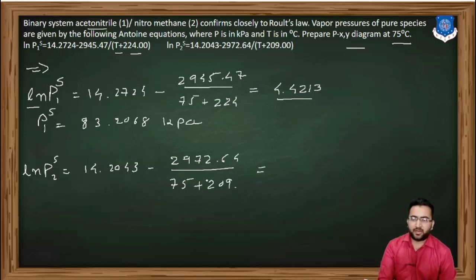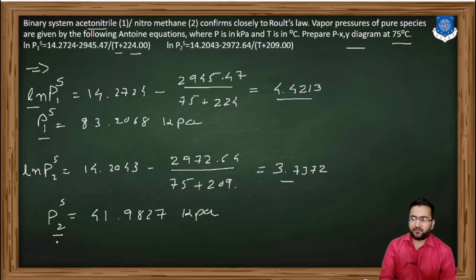If we calculate this, we will get the value of ln P2, which is 3.7372. By putting this value in the exponential power, we get the value of P2, which becomes 41.9827 kilopascal. So this is our vapor pressure for component 1, and this is the vapor pressure for component 2.